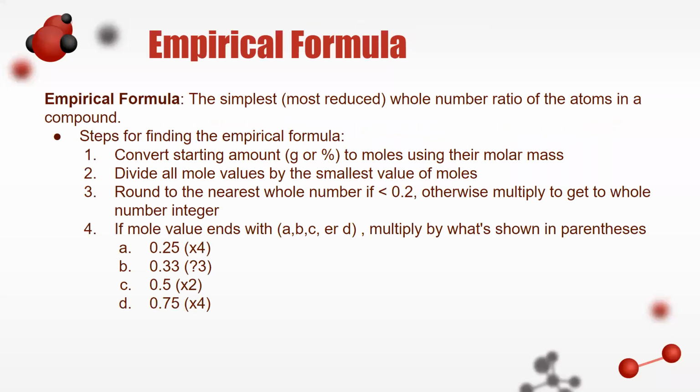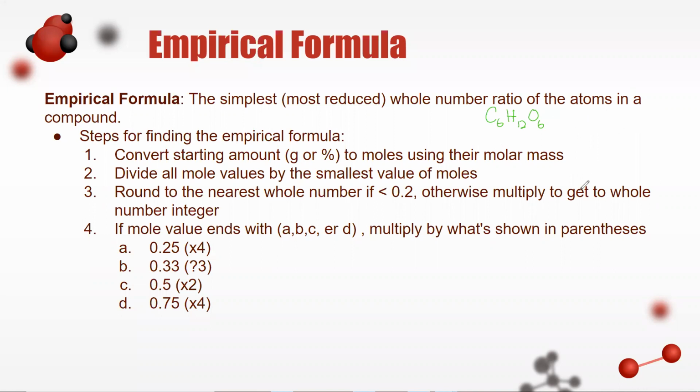Empirical formula is next. What that is, is the simplest or most reduced whole number ratio of the atoms in any particular compound. So a quick example I can give you would be glucose. Okay, so the formula for glucose is C6H12O6, right? But that's called a molecular formula.